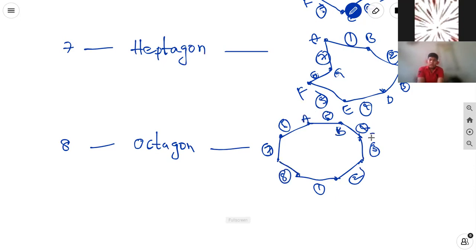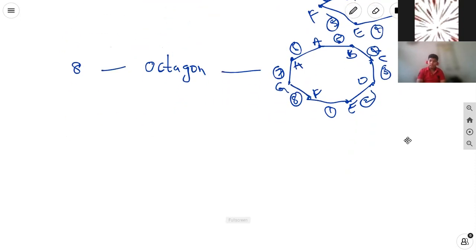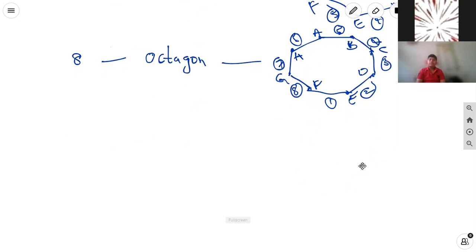A, B, C, D, E, F, G, H. Octa means 8. 8 vertices or 8 sides.